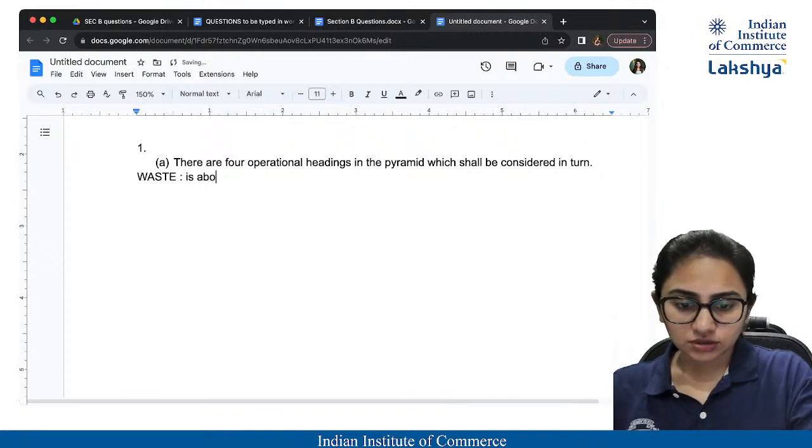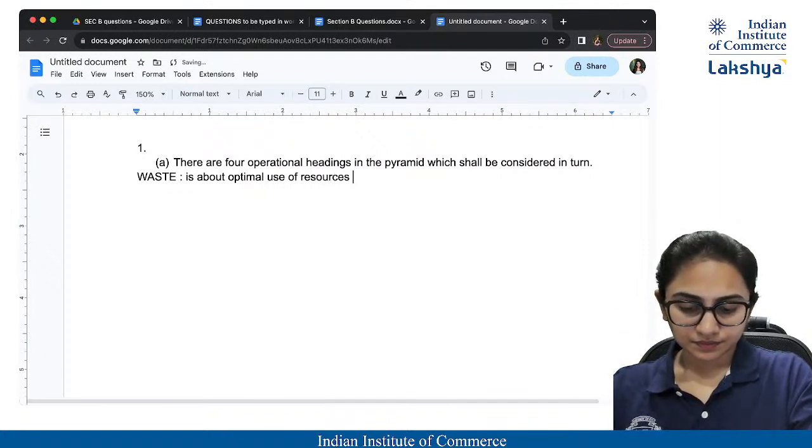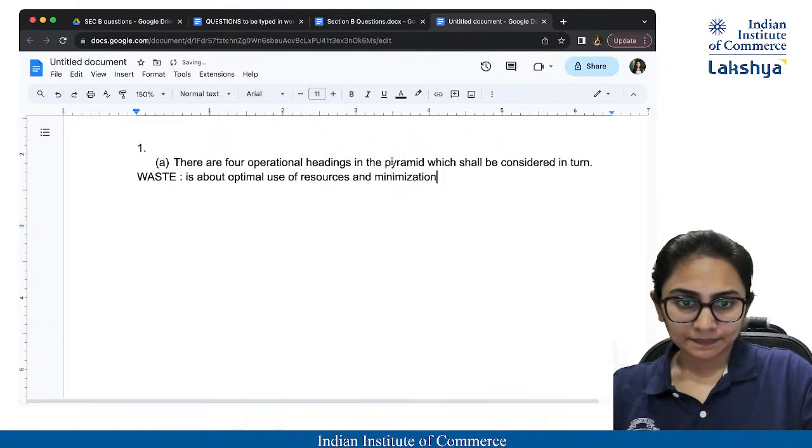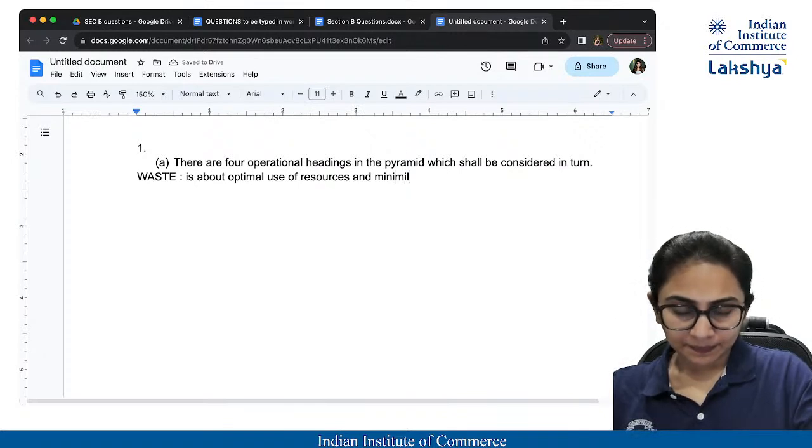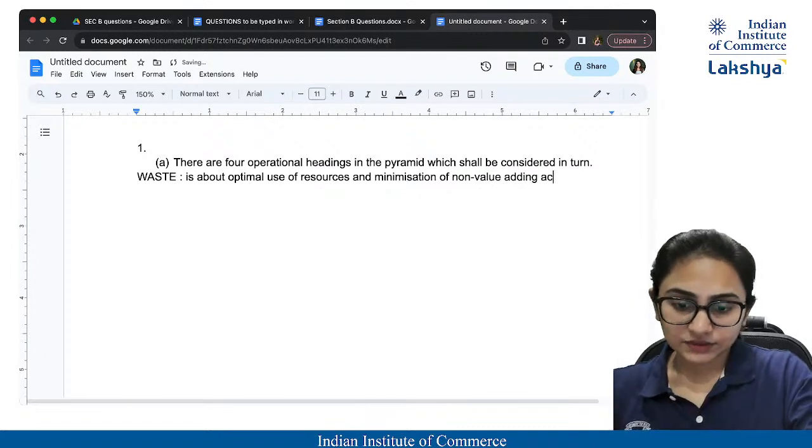So waste is about optimal use of resources and minimization of non-value adding activity.